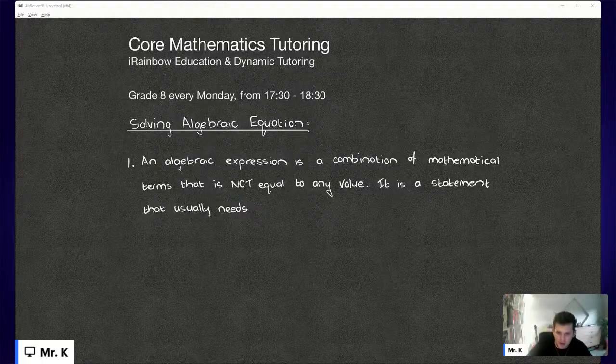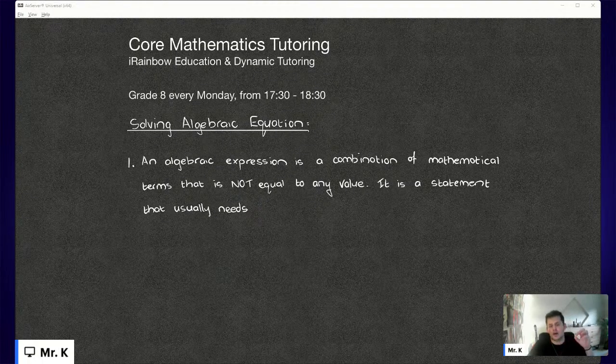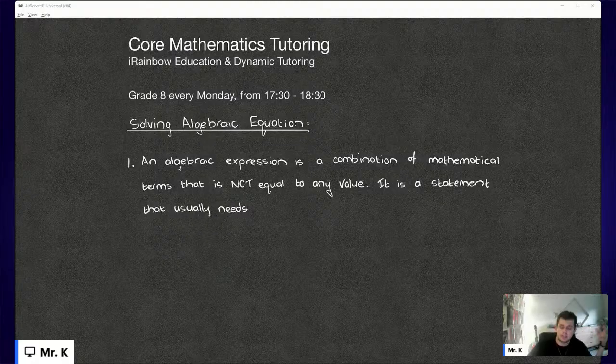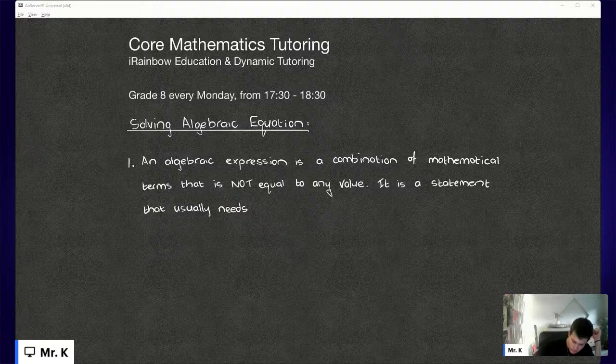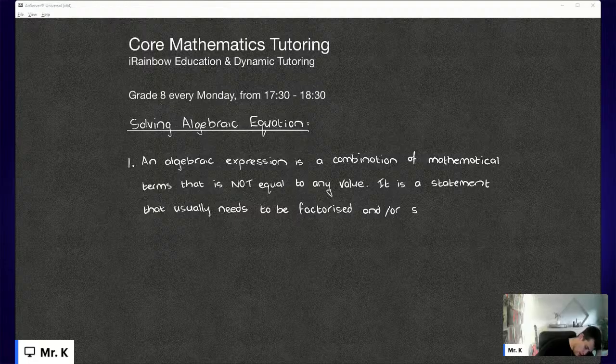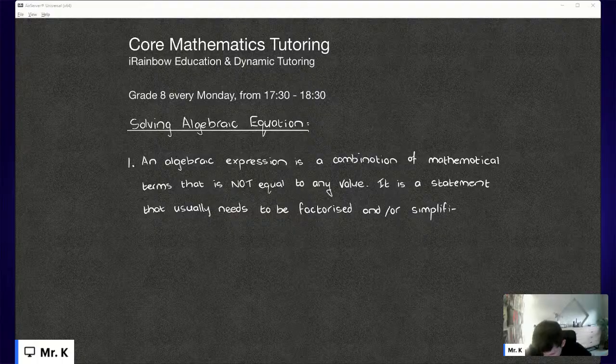You can simplify parts of an equation, but we instead talk about solving equations. So it's a statement that usually needs to be factorized and or simplified. You guys will have just started learning the basics of factorizing, so you should be roughly familiar with that term. So that's an algebraic expression, but that's not what we're focused on in today's lesson, right?